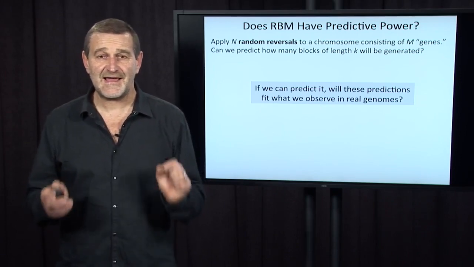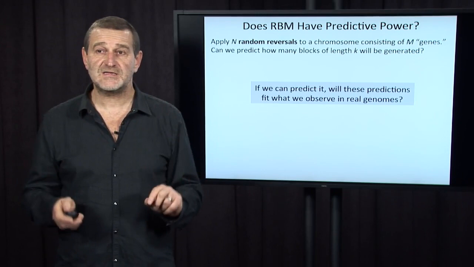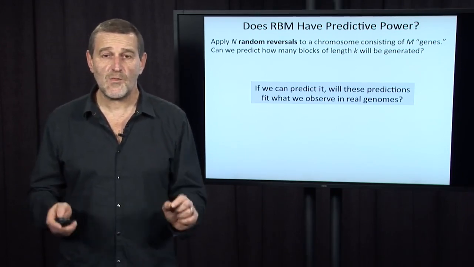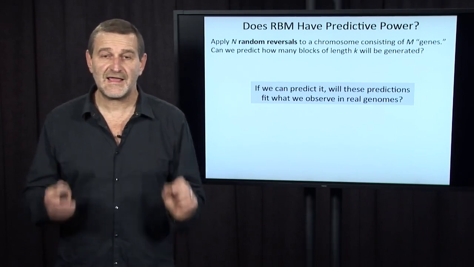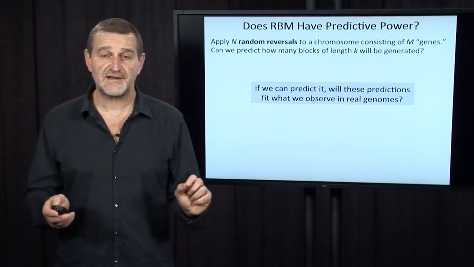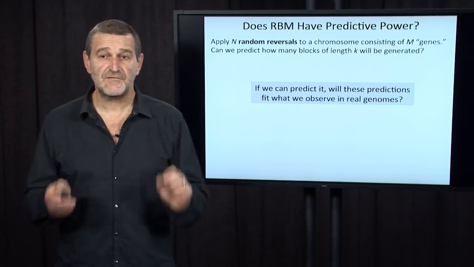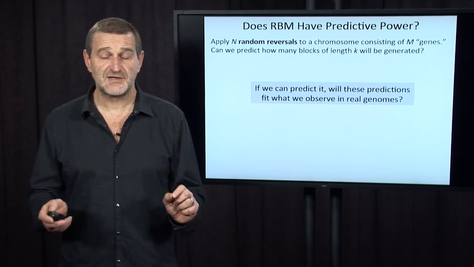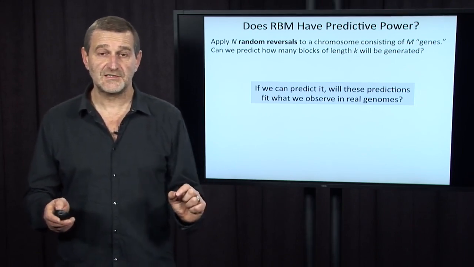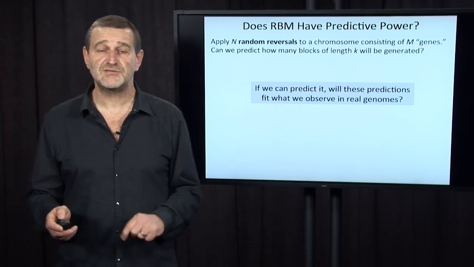Let's apply n random reversals to a fake chromosome consisting of m genes. Can we predict how many blocks of given length will be generated as a result of this random experiment? If we can predict it, will this prediction fit with what we observe in real genomes? And if they do fit with what we observe in real genomes, then we have evidence in support of the random breakage model.